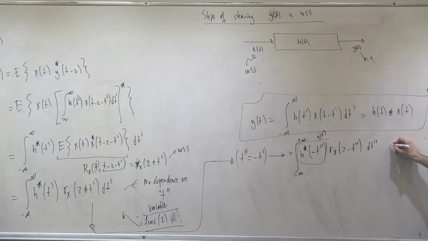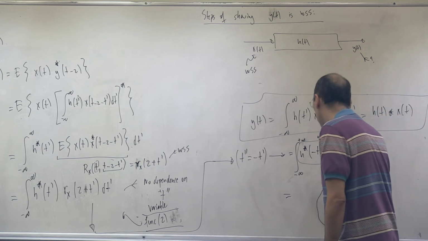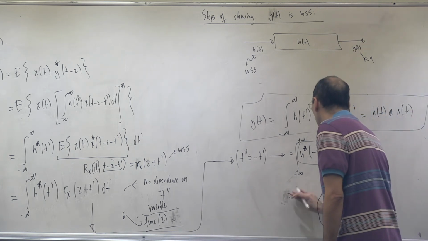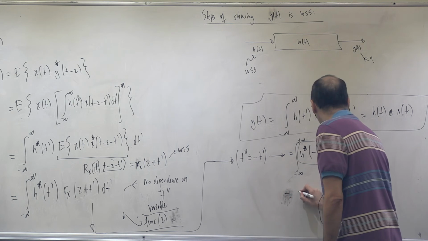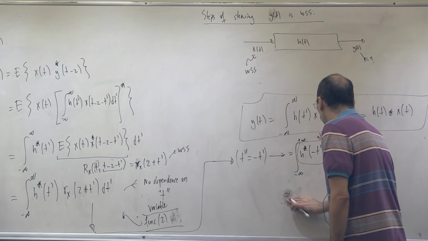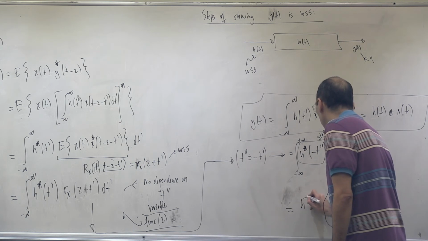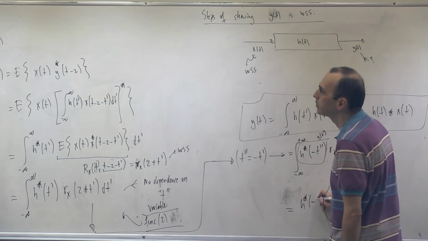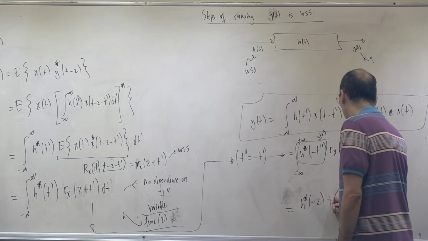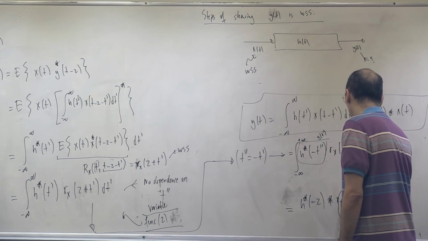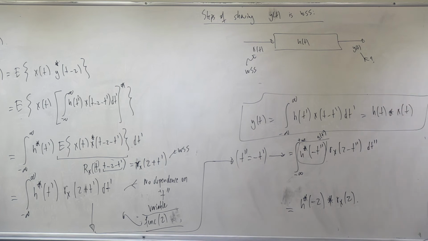It is actually notation difficulties. So I have the following. This is equal to, let me write it like this, h conjugate of minus tau convolved with Rx of tau. Do you agree?